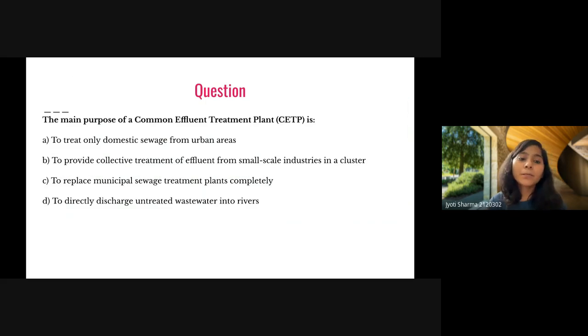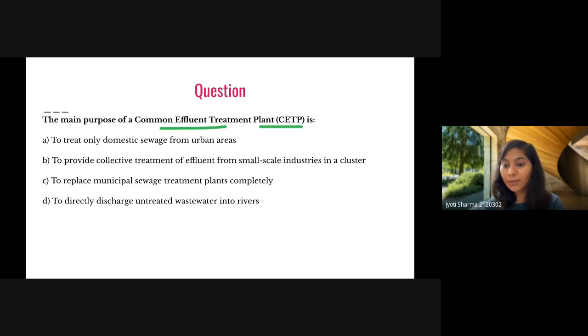The main purpose of a common effluent treatment plant is to treat only domestic sewage from urban areas, to provide collective treatment for effluent from small scale industries in a cluster, to replace municipal sewage treatment plant completely, or to directly discharge untreated wastewater into the river.